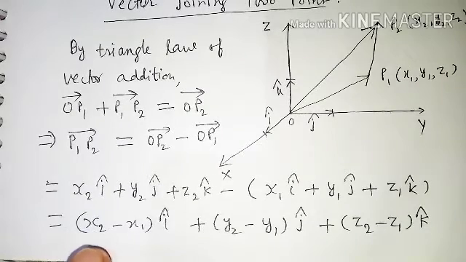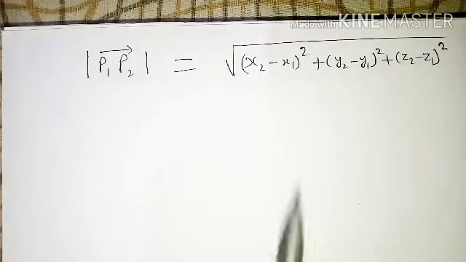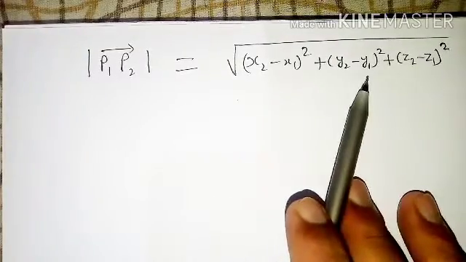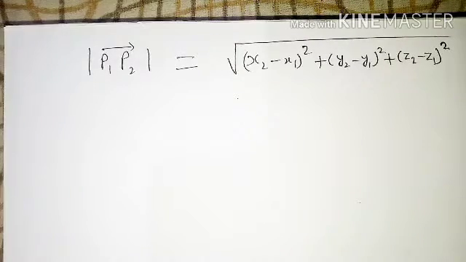Its magnitude will be the square root of x2 minus x1 whole square plus y2 minus y1 whole square plus z2 minus z1 whole square.